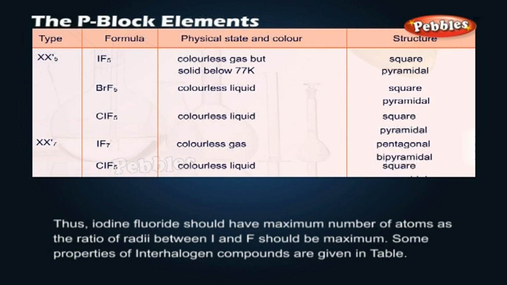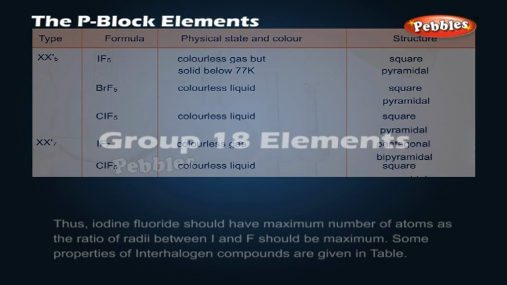Thus, iodine fluoride should have the maximum number of atoms, as the ratio of radii between I and F should be maximum. Some properties of interhalogen compounds are given in the table.